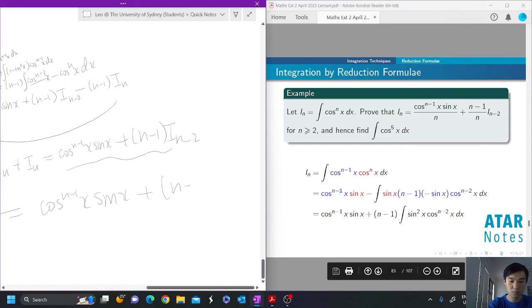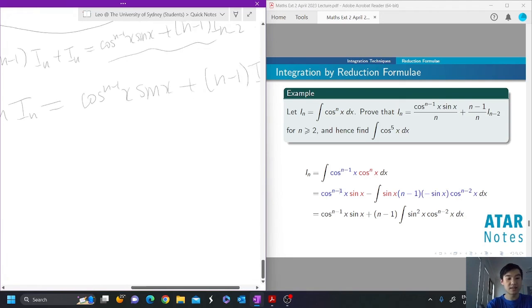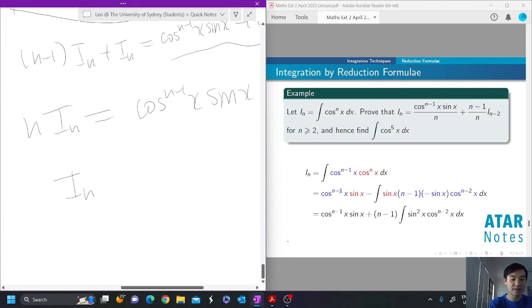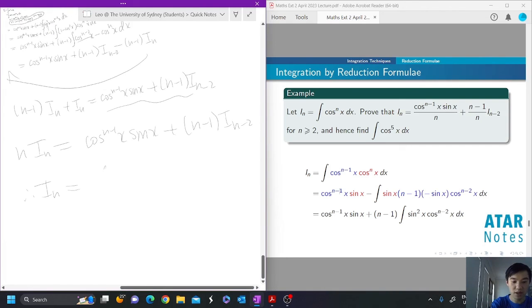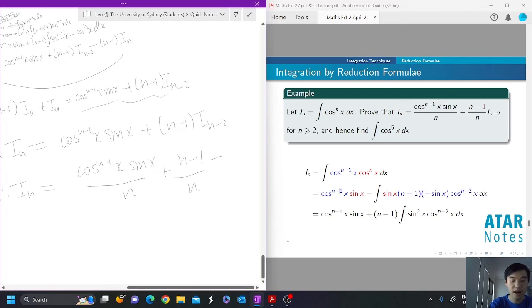So therefore, we can say that I_n, if we divide everything by n, is going to be cos^(n-1)x sin x over n plus (n-1)/n I_(n-2), as required.